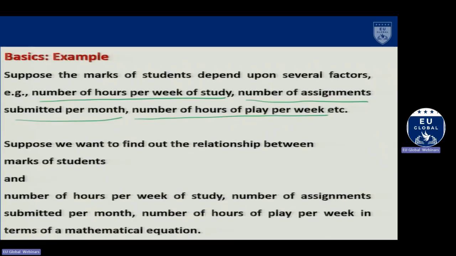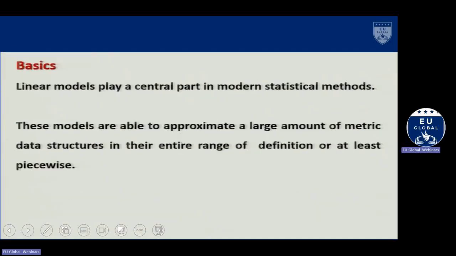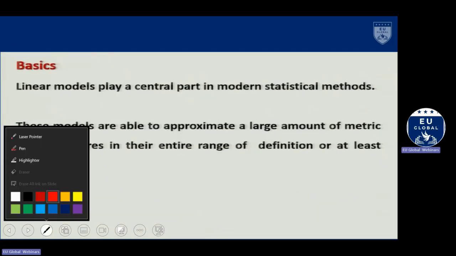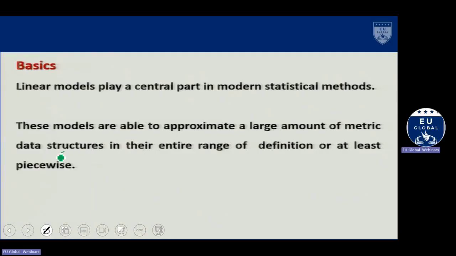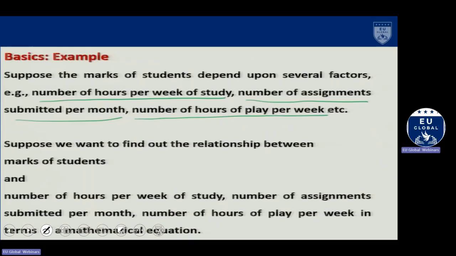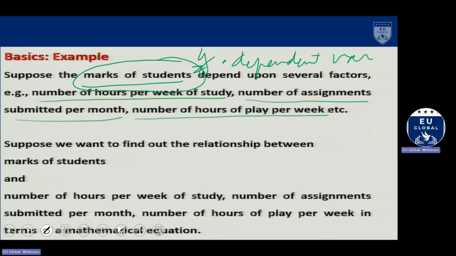Suppose the marks of students, right? Let me just use a pen. We have to calculate the marks of students. This marks of student is called y, your dependent variable.